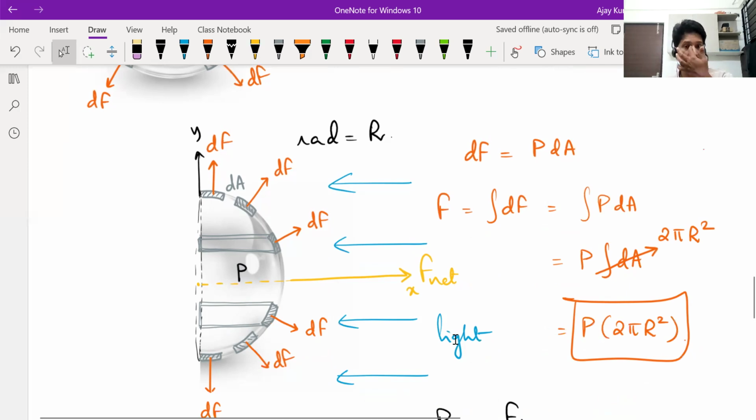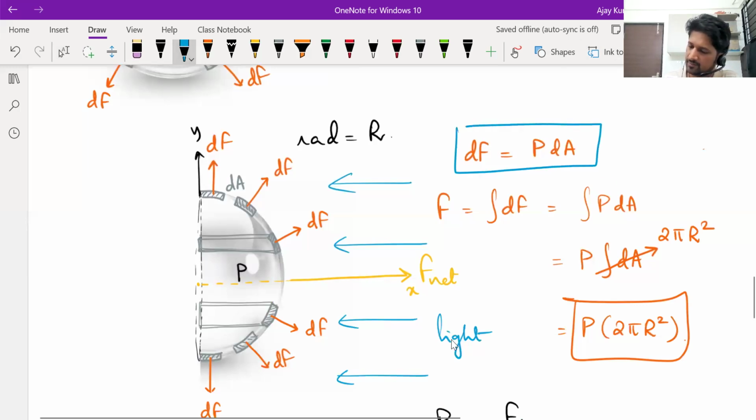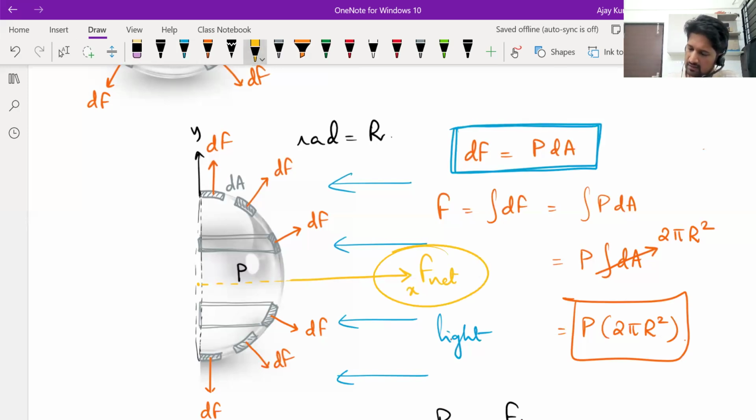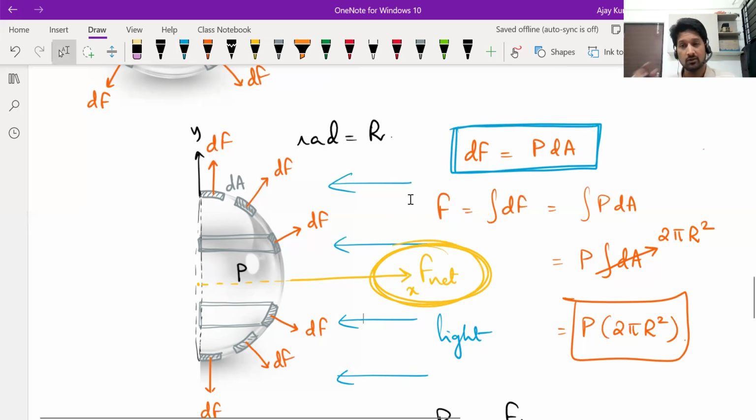Okay. So what to do here? First, write the expression for force acting on each element of the surface. Next thing we did was visualize the direction of net force. In this case, because there is a symmetry, it was easy to predict that the net force acts along the x-axis. Now, what is the cause of this force? Pressure. Force exerted by pressure acts perpendicular to a surface.